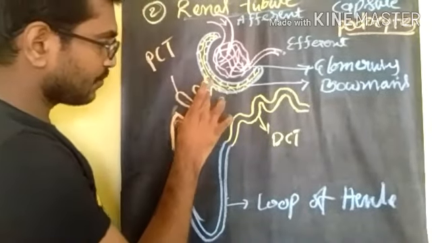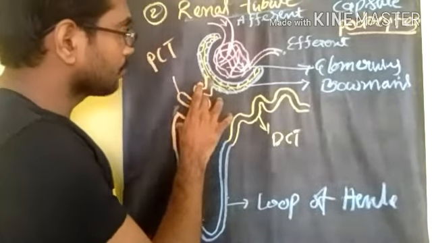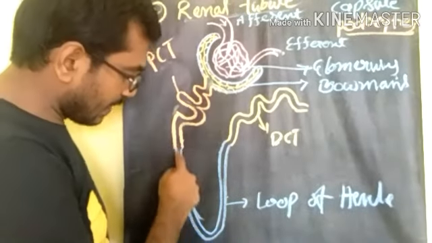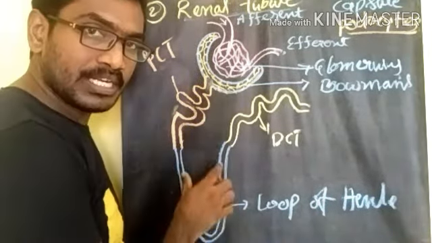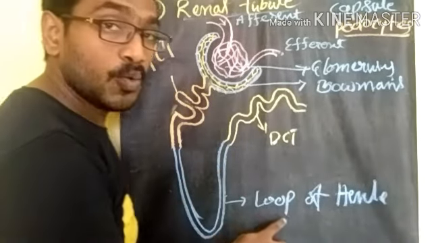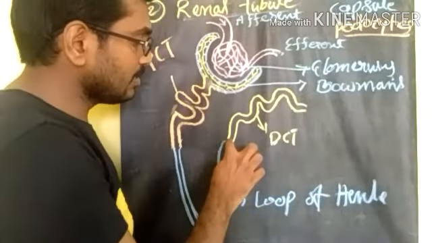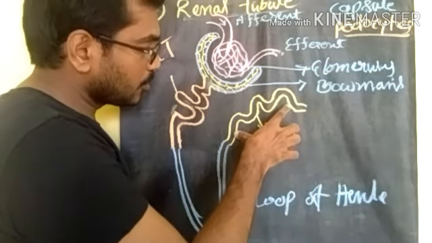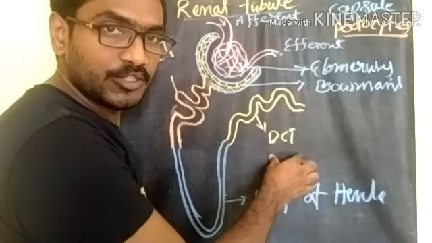This first convoluted portion we call the PCT, the proximal convoluted tubule. Then the U-shaped or hairpin-like structure we call the loop of Henle. Then again there are some convolutions in the tube, and that portion we call the distal convoluted tubule.